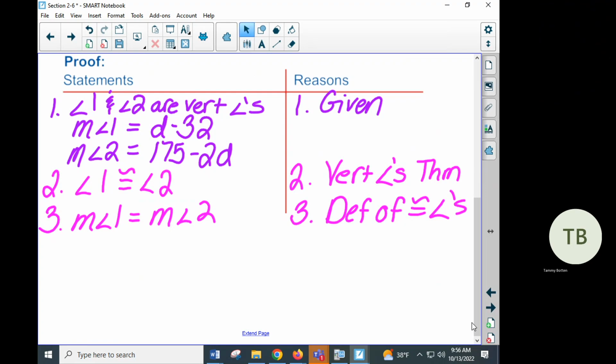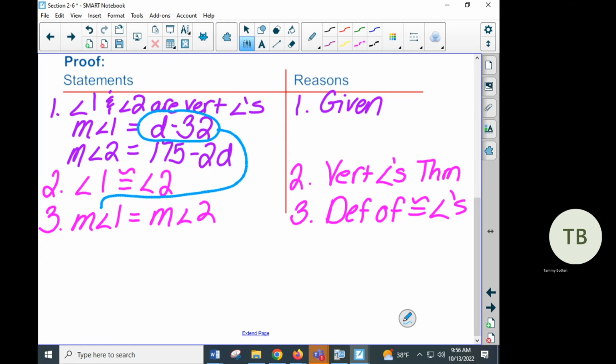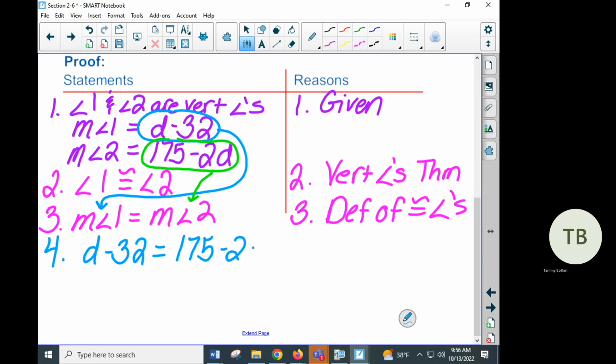Now that I have that, I can take this d minus 32 and substitute that in for angle 1. And I can take the 175 minus 2d and substitute that in for angle 2. Okay. So what I would get there is d minus 32 equals 175 minus 2d.